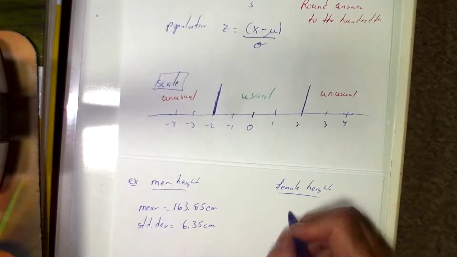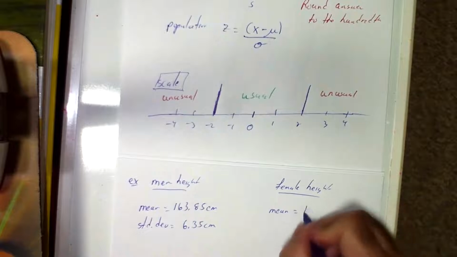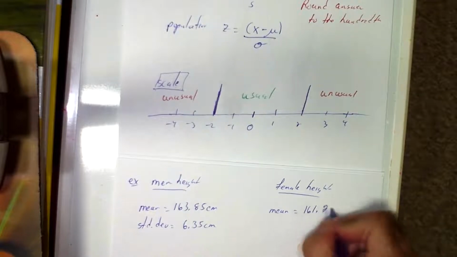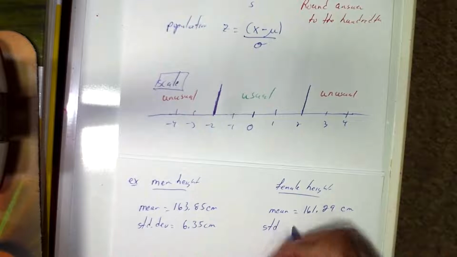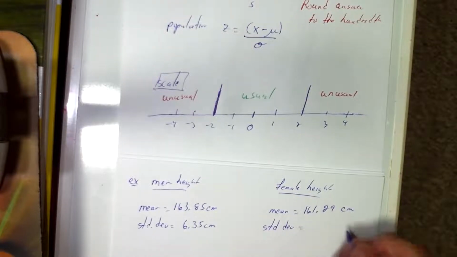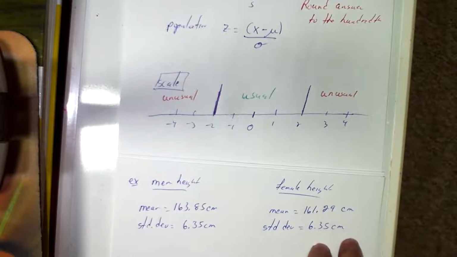All right, for females, the mean was 161.29 centimeters, and the standard deviation was 6.35 centimeters. Okay.